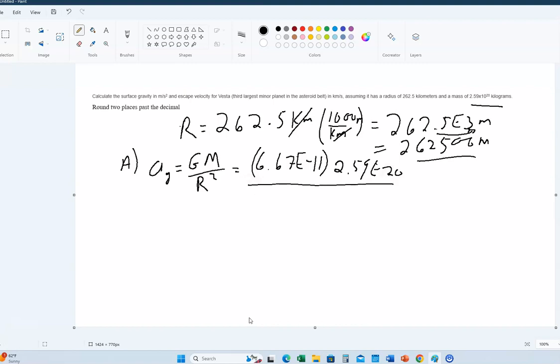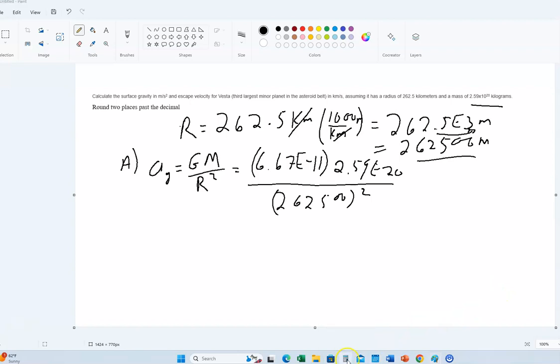And then divided by 262,500. Of course, we have to square that. Don't forget to square that. That's a very common mistake, people forget that part.